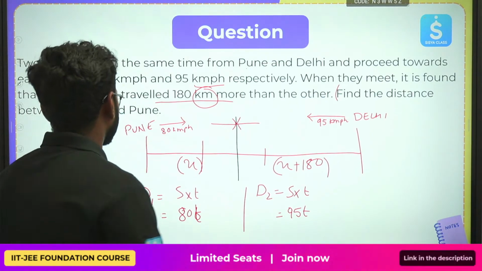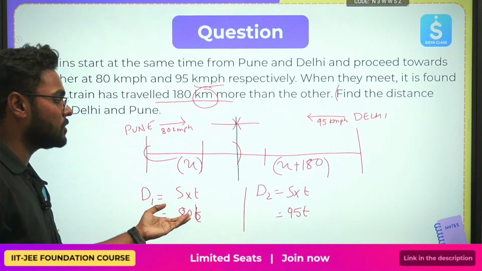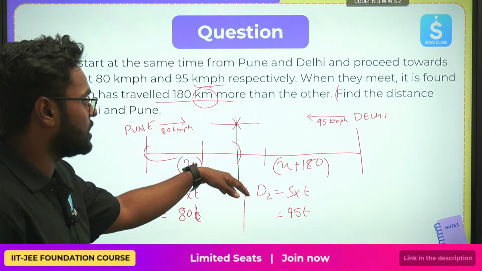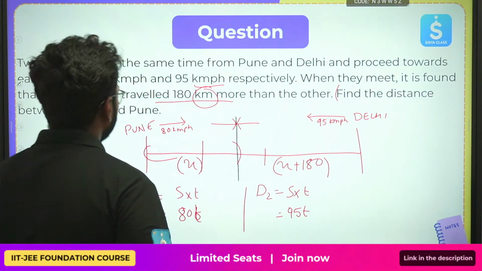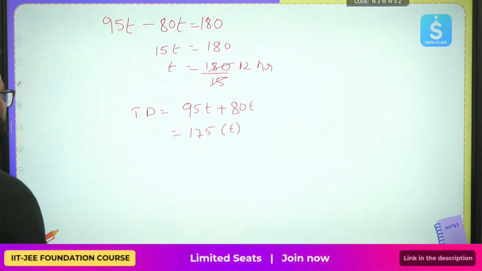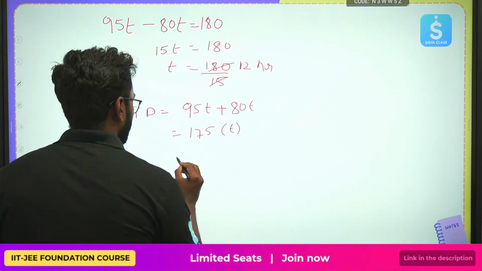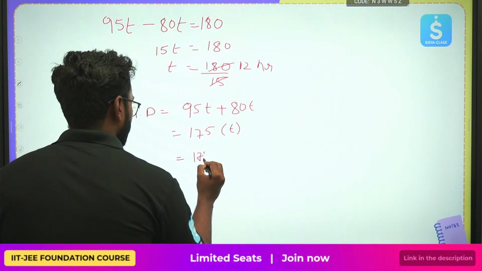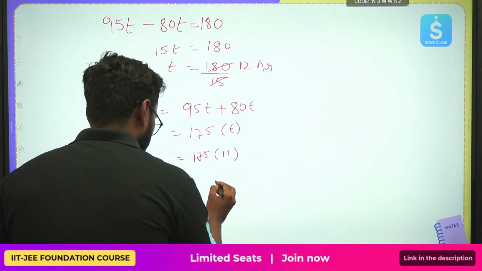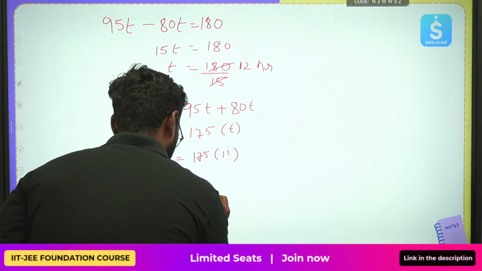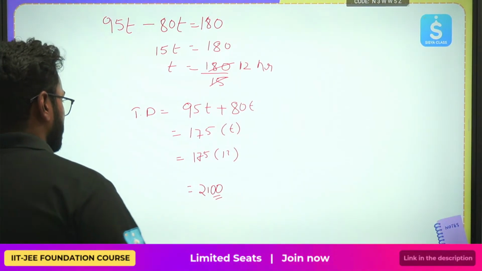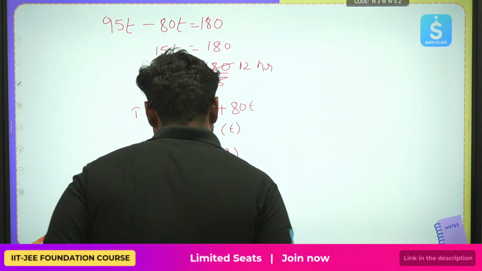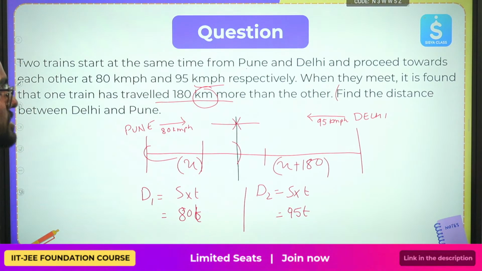This distance from here to here is 80 into t, 80 kilometers per hour into 12 hours, and this should be 95 kmph into the time taken. So we have 12, right? 175 into 12, which is 2100. So this is how we have solved it.